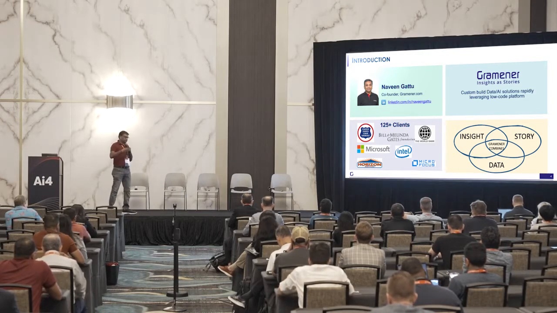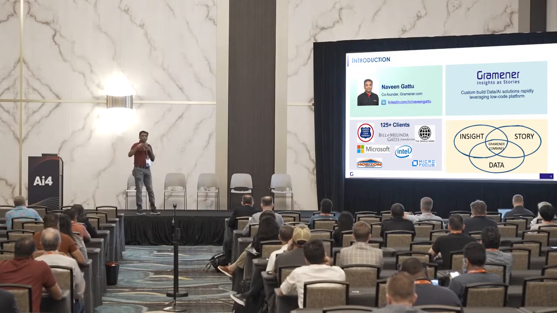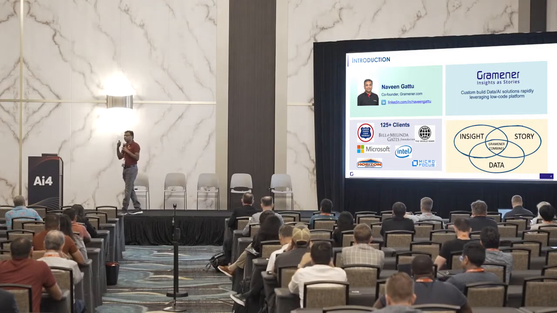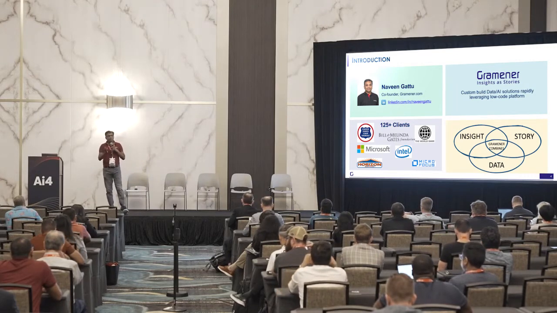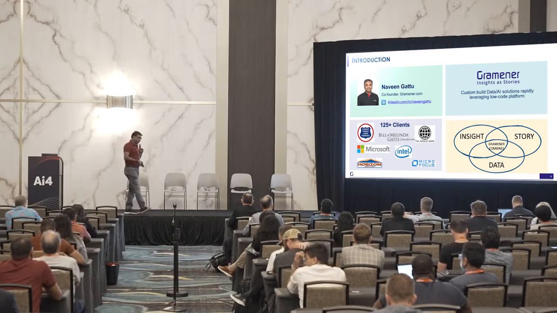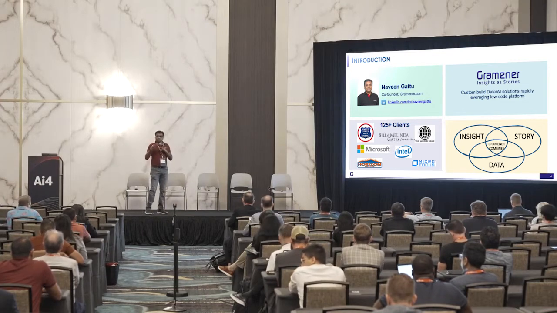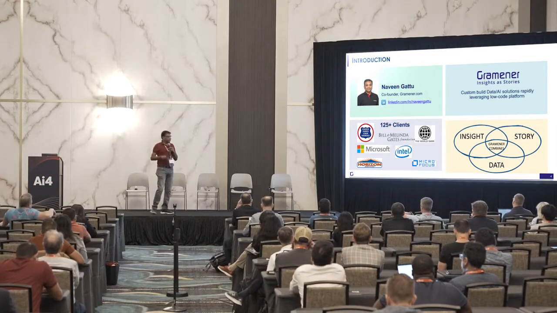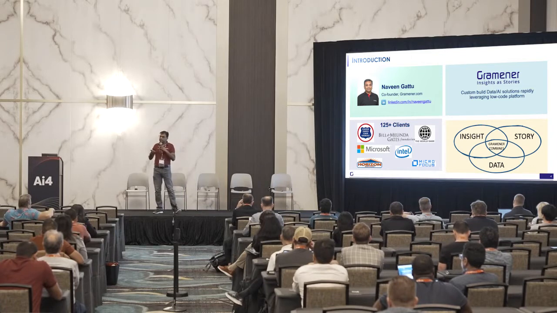We believe there's no point in doing mathematical models and statistical analysis if you can't augment your decision-making process, so we convert them into stories: explainable AI, narratives, visuals, comics, videos, doesn't matter. It's a combination of things, how you can combine insights and story and build it as a custom solution.